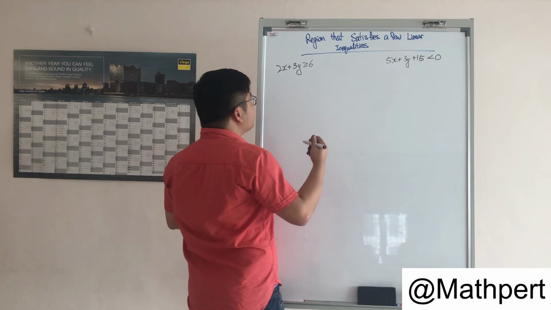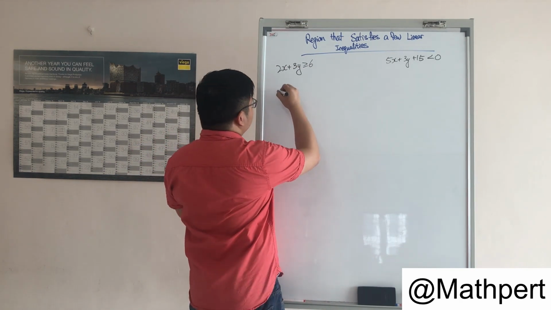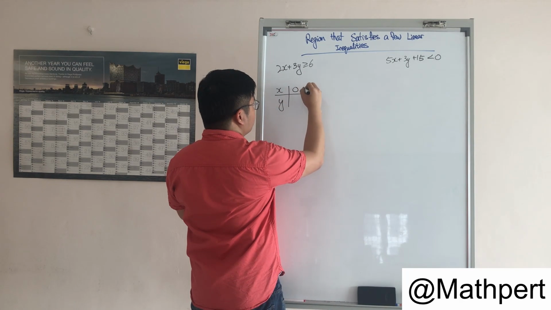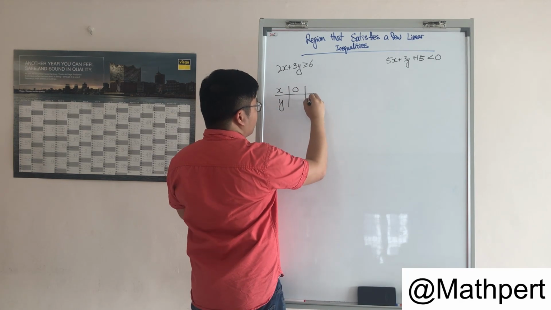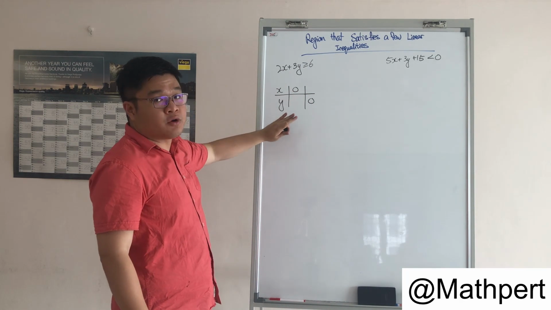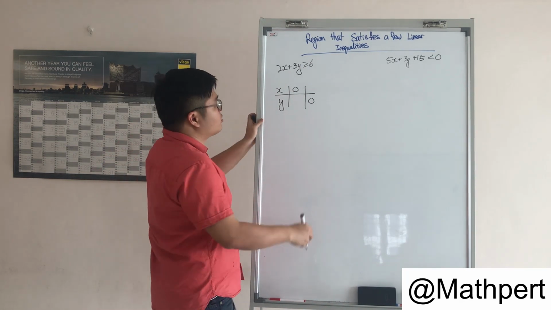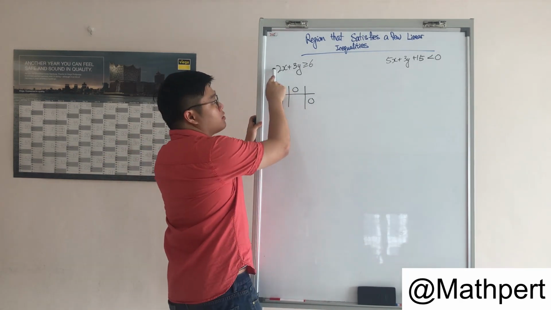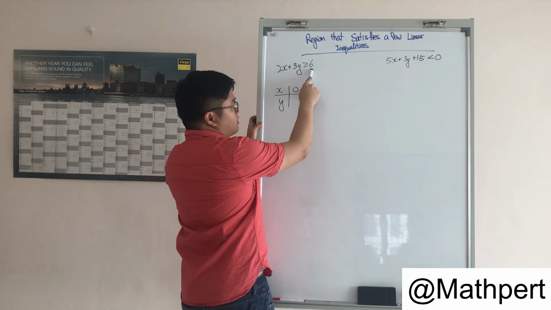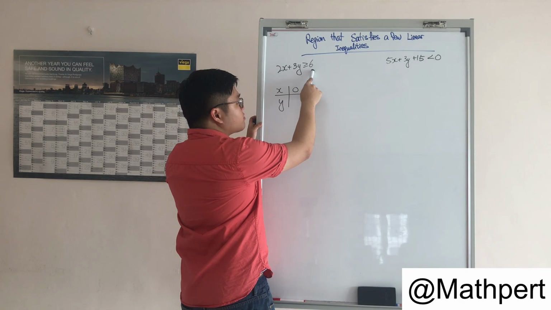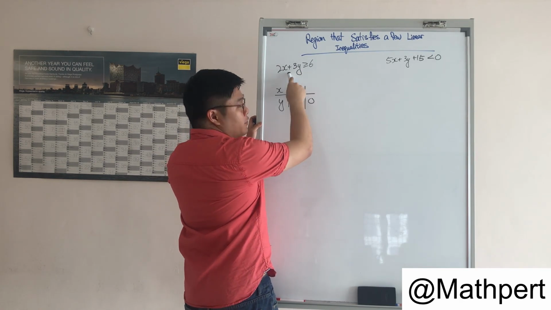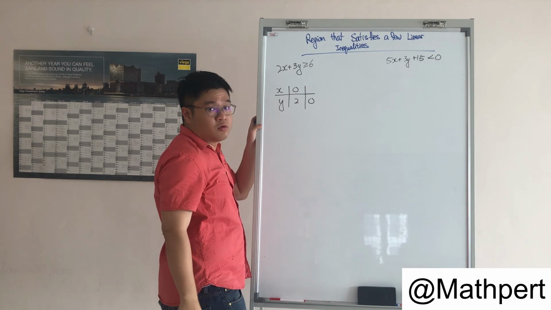First step, let's find out when x equals 0, what y equals. 0 substituted in here, the whole term becomes 0. So it becomes 3y greater than or equal to 6. So y equals 6 divided by 3, which is 2.